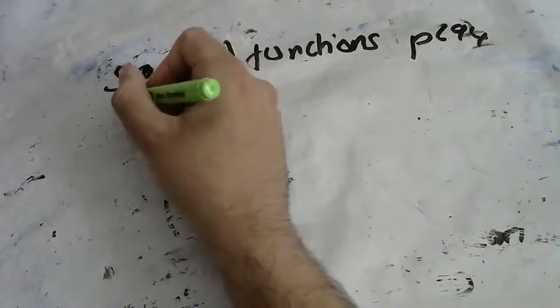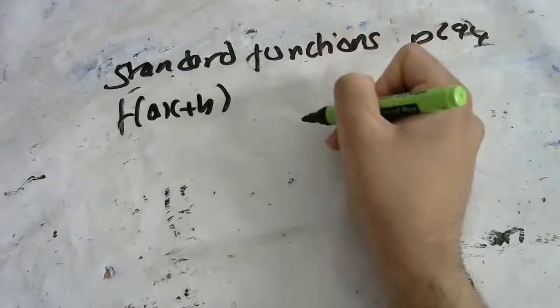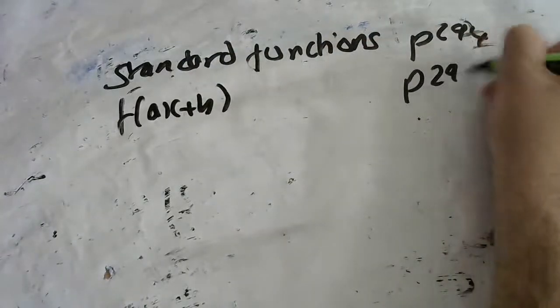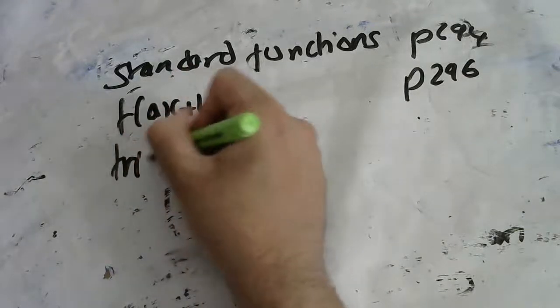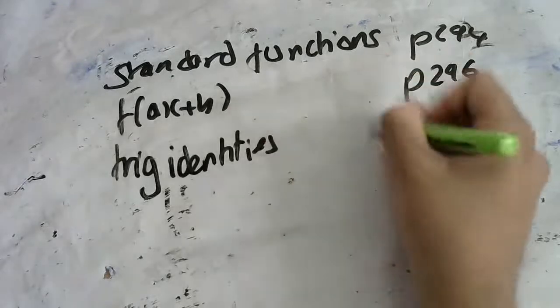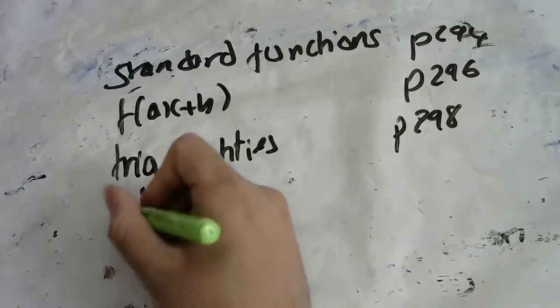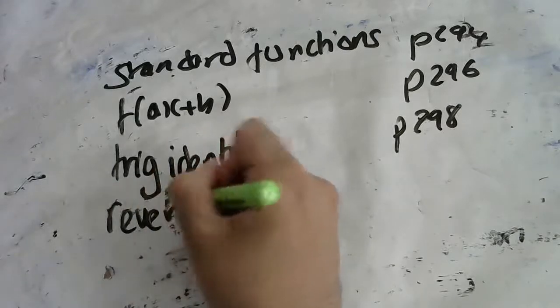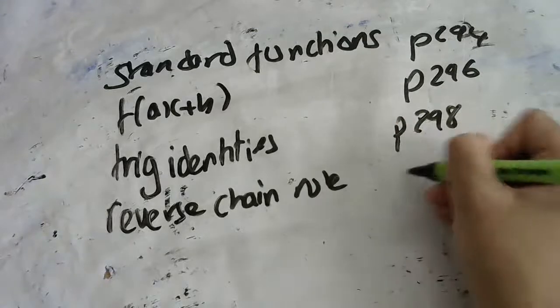Sorry, I do apologize. F of ax plus b, which can be found on page 296. Identities, trig identities, on page 298. Then you've got reverse chain rule on 300.